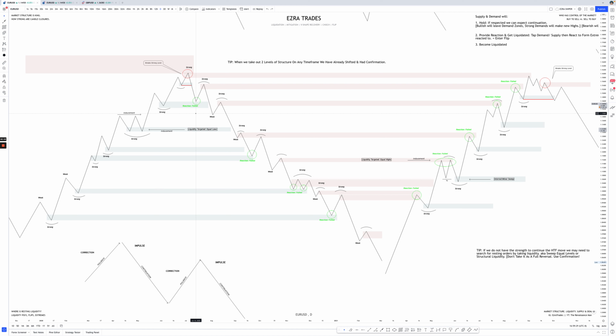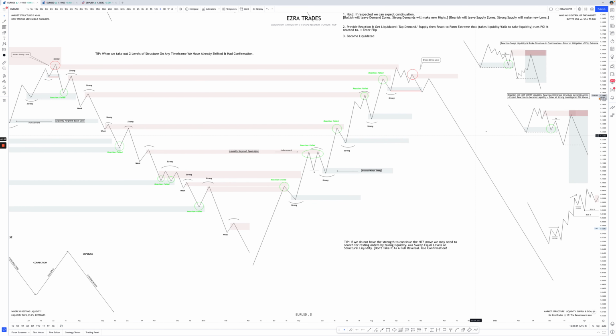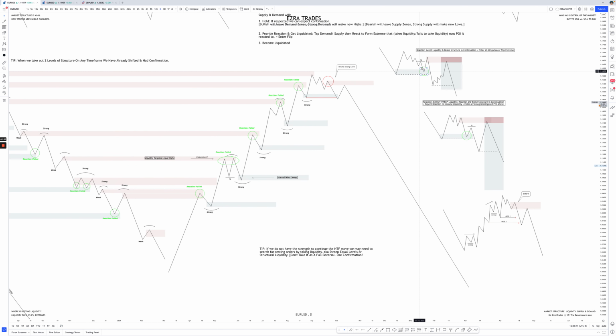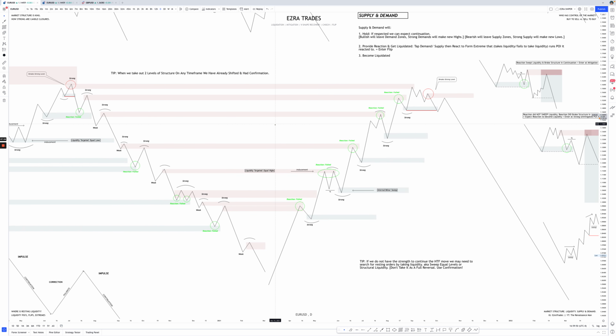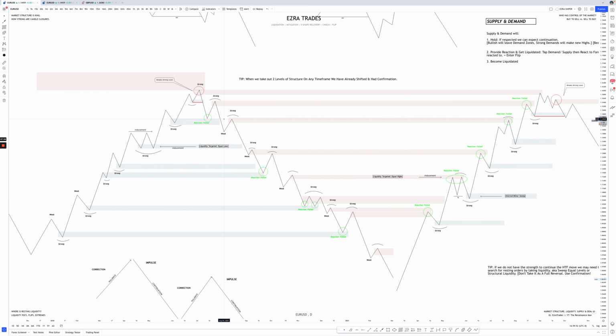But now that we've shifted officially with two breaks of structure, the only option is they're either going to provide a reaction and get liquidated, which, remember, if they provide a reaction, we can get what? A potential flip, right? Reaction, form an extreme that takes liquidity or doesn't take liquidity, break structure downside, we enter at a mitigation of that zone. We don't necessarily always get those, but that's what we expect, right?